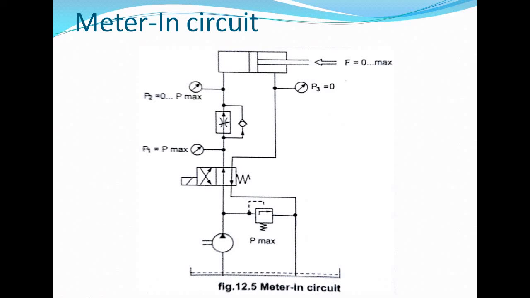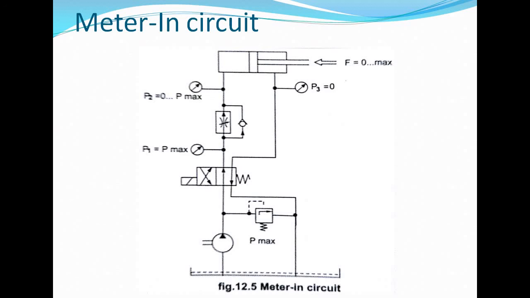This check valve will not allow the flow in this direction. So the oil has to go through this throttle valve, and in this throttle valve, by rotating the knob, we can control the flow of the oil that is coming to this cylinder.